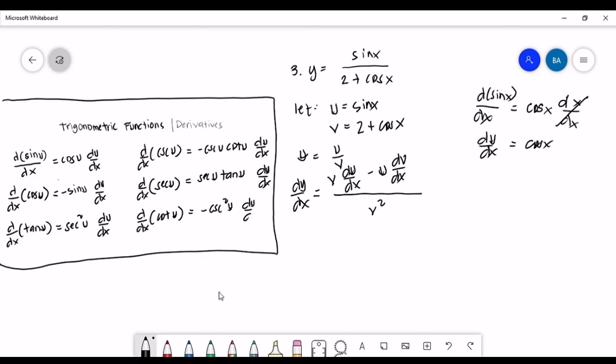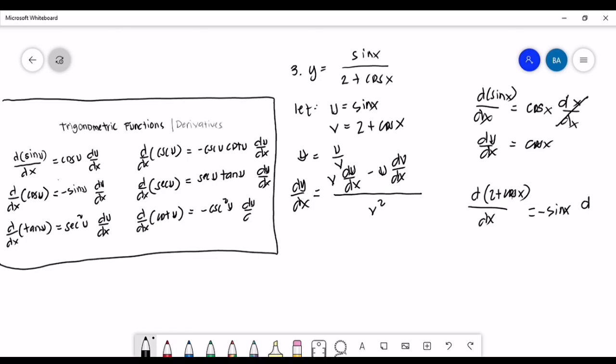Also, let's find the dv dx. So the derivative of 2 plus cosine x with respect to x: the 2 will become 0 because the derivative of a constant is 0, and then the derivative of cosine x, let's use this one, is equal to negative sine x.